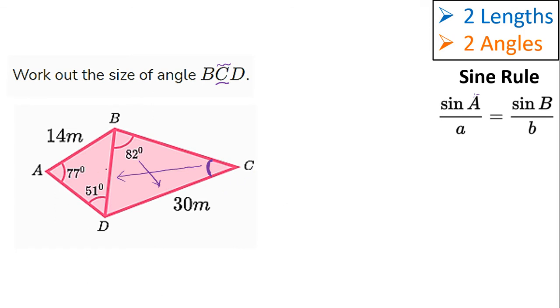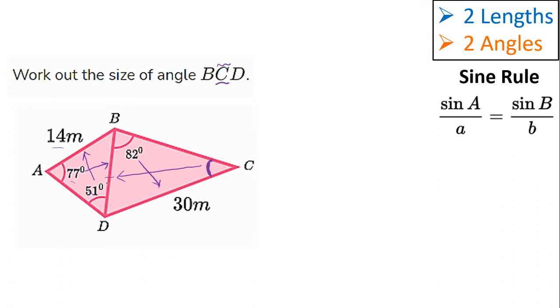Moving on. Now, if I want my BD, you can see very clearly that my A has the angle 77, my D has the angle 51, and the length right opposite to my 51 is 14, and the length right opposite to 77 is my BD. So again, I have two lengths and two angles.